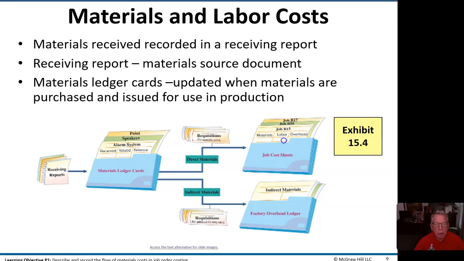And it has materials, labor, and overhead in it. And then we also have our factory overhead ledger where we bring in our indirect materials. Both indirect materials and direct materials are requisitioned into the work in process inventory.